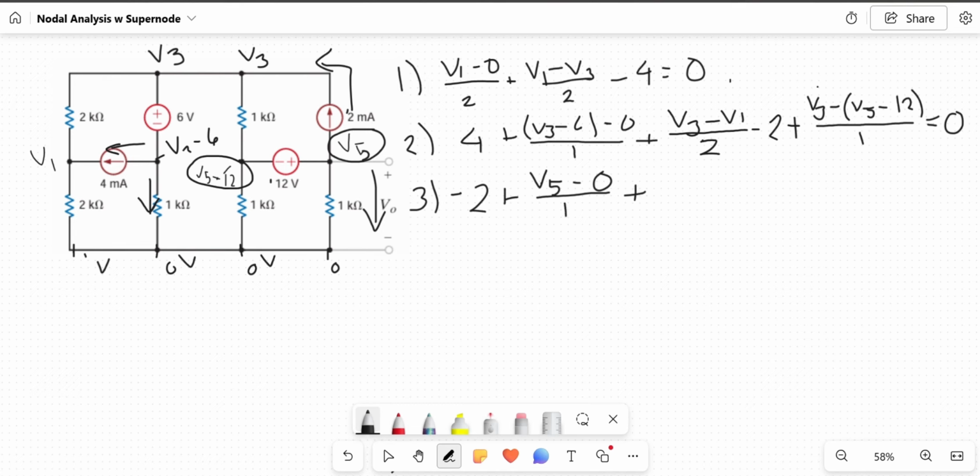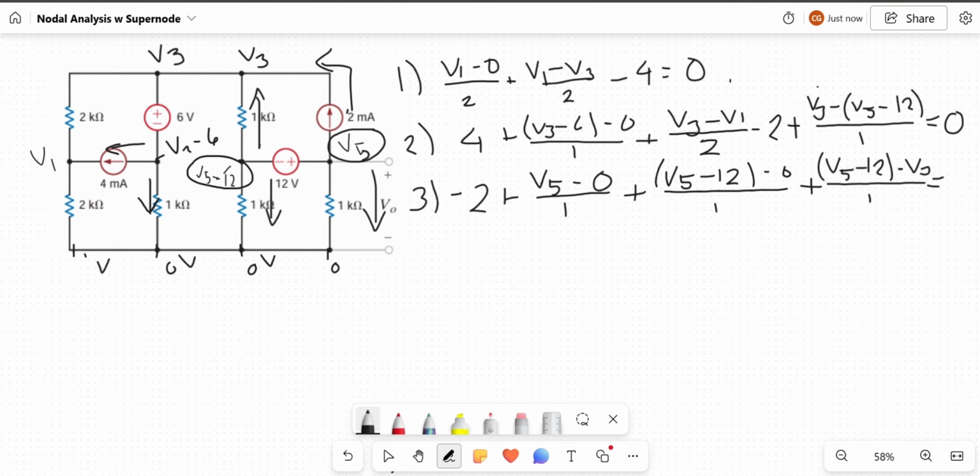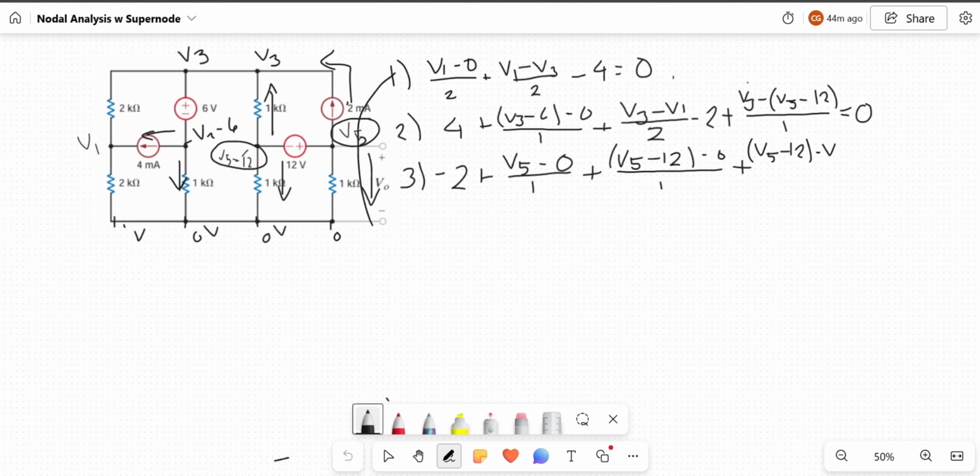And we have V5 minus 12 to ground plus V5 minus 12 volts minus 0 over 1. And we have V5 minus 12 to V3, so it's going to be V5 minus 12 minus V3 over 1 equals 0.